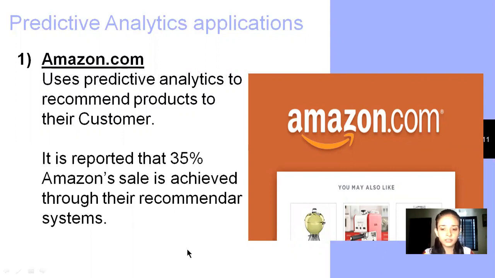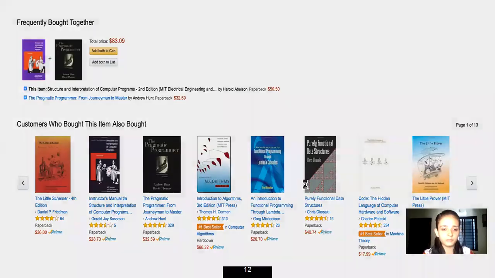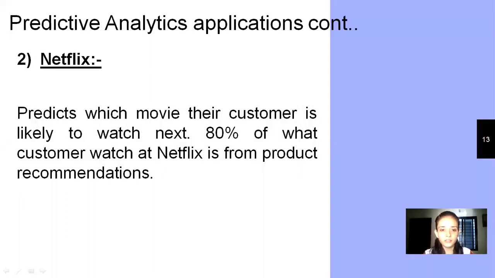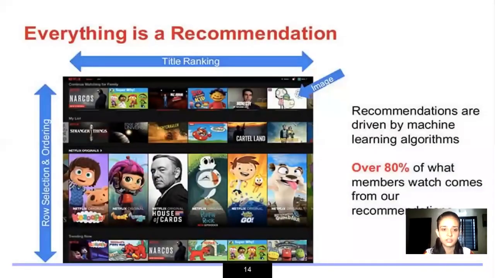So this is what it is about Amazon. Now the next is Netflix. It also uses predictive analytics, that is, which movie their customer is likely to watch next. 80% of what customers watch on Netflix comes from product recommendations. So if you like some cartoon-related movie, then Netflix suggests recommendations related to animated movies.